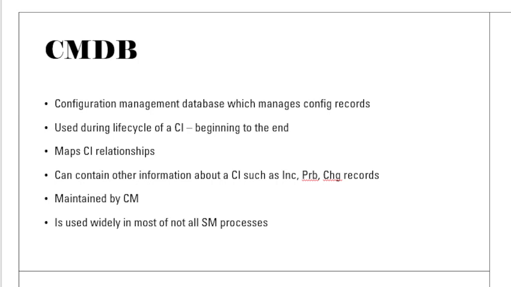And it also maps relationships, so it's really useful in terms of looking at, well, if this piece of equipment is impacted or goes down, what does that do to some of the upstream activities or upstream assets, or some of those lower downstream assets? What happens if this configuration item fails? So it's really useful in business continuity and disaster recovery planning and scenario planning, what ifs.